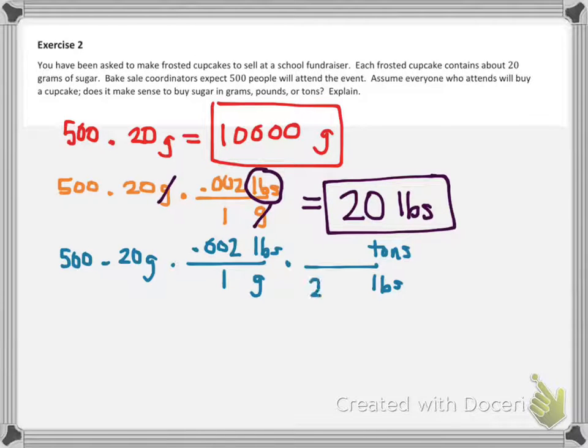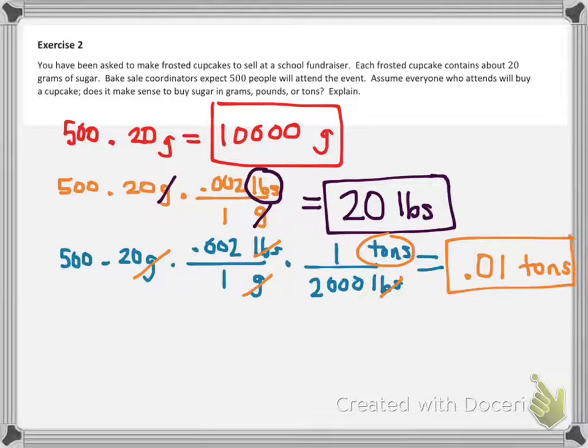And there are 2,000 pounds in 1 ton. If you don't know those conversion factors, you can look those up online. But now I can eliminate grams and pounds, and I'm left with tons, which is what I want. And when I multiply, I get 20 divided by 2,000, which is 0.01 tons.